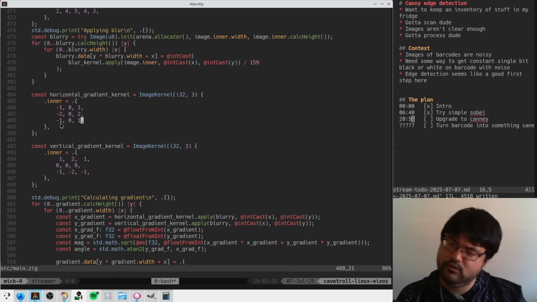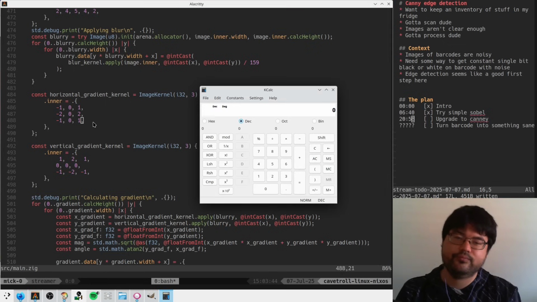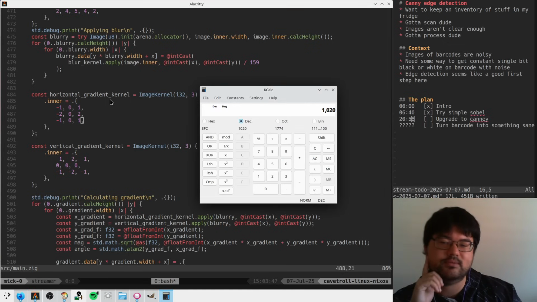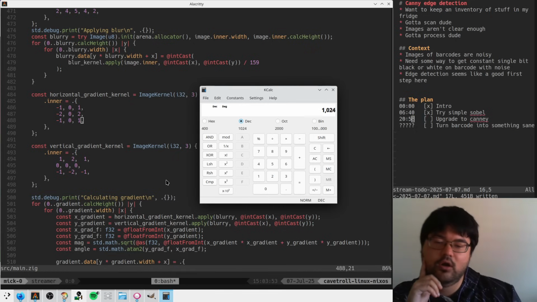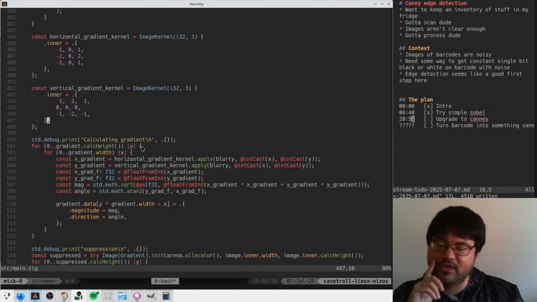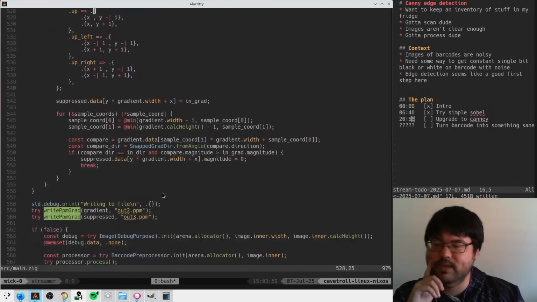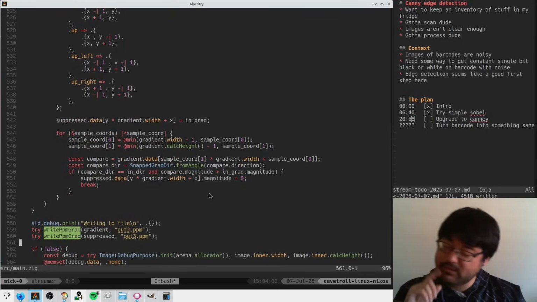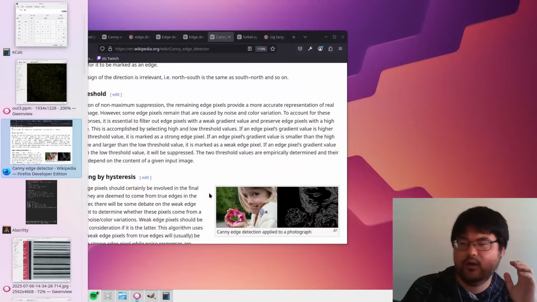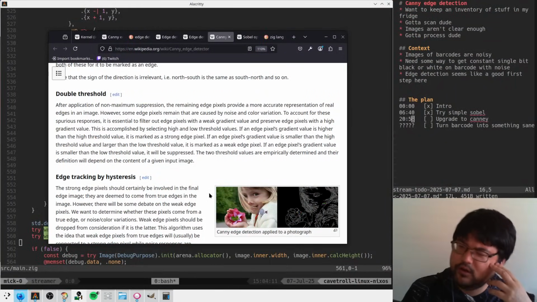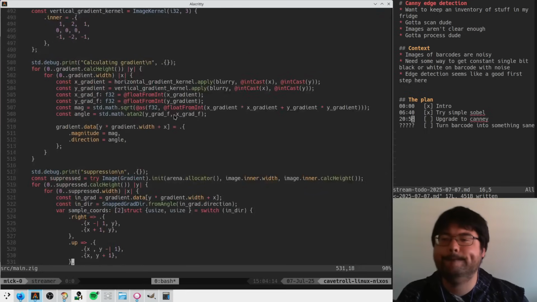If you have 0, 0, 0, 255, 255, 255, or maybe times 4, because these can't be negative. So this is probably the maximum difference, except it's actually probably 256 times 4. So divide by 1024 is probably the right answer. Then these can all be in the range 0 to 1, which makes downstream calculation easier, because the maximum magnitude will always be 1. It can't be higher than 1 if you do that. Yeah, let's do that.